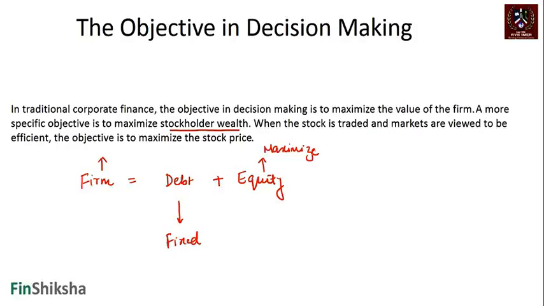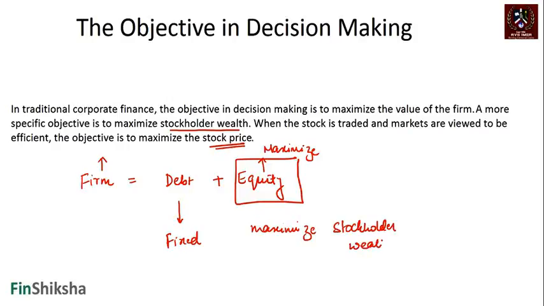So the more specific objective that comes up in terms of maximization of firm value is essentially maximizing the stock price in case the company is listed. If it is not listed, you just try and maximize the total overall value of what the equity of the company is worth. So that's going to be our more specific objective, which is we have to essentially try and maximize the stockholder wealth, right?